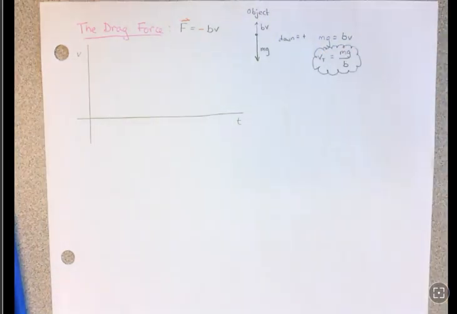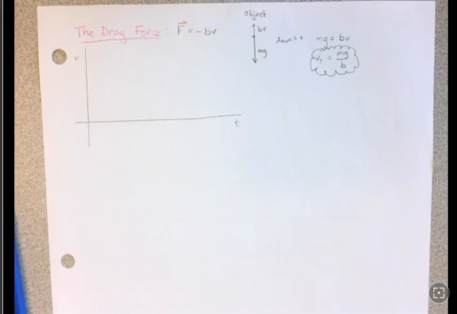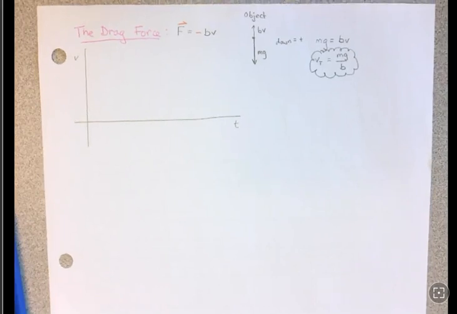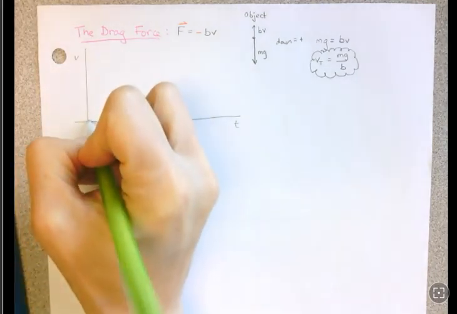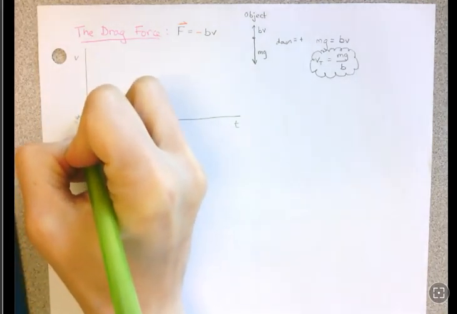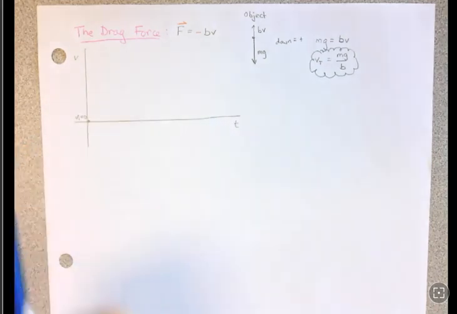Let's use that knowledge to figure out what happens to your velocity in the air in the short term. What's going on with motion under this kind of air drag? First and foremost, we know the initial velocity. The initial velocity is clearly 0.